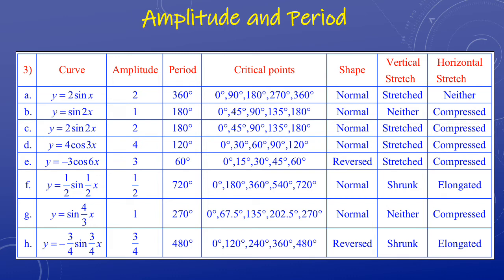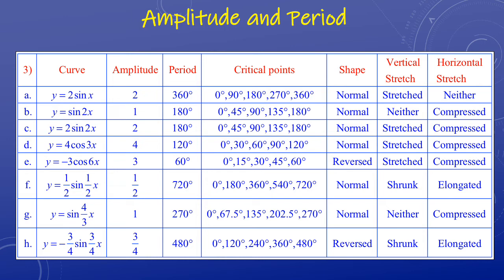The amplitude is 3/4. The period is 360 degrees divided by 3/4, which is 360 degrees times 4/3, or 480 degrees, making the critical points 0, 120 degrees, 240 degrees, 360 degrees, and 480 degrees.